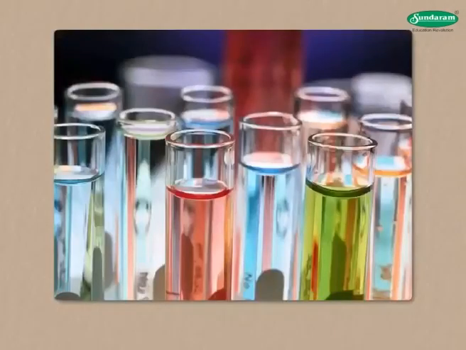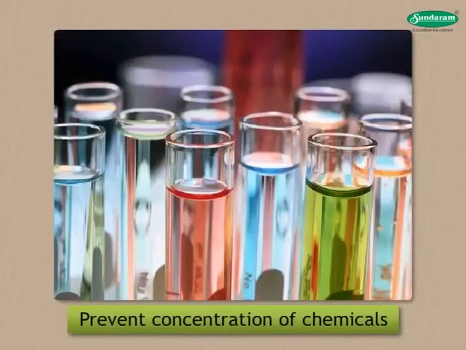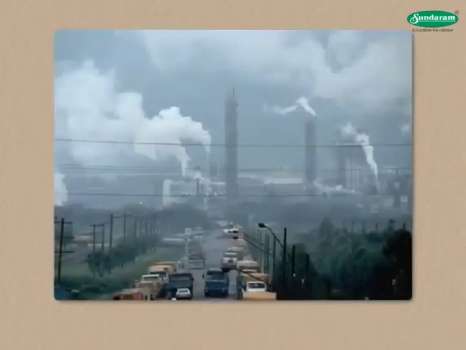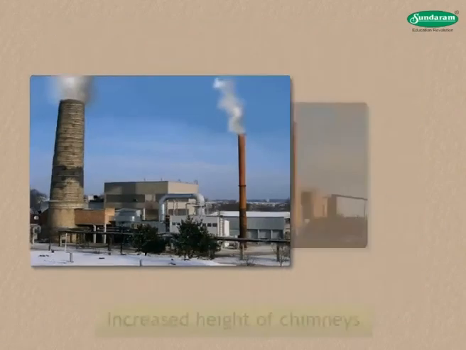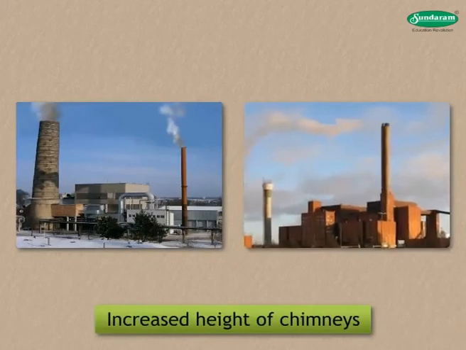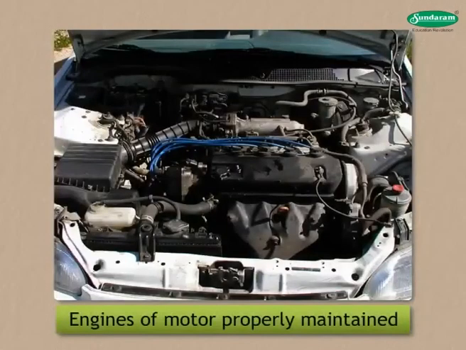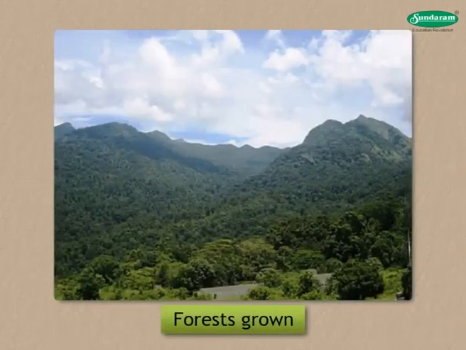Precautions should be taken to prevent the concentration of chemicals in any one place. 4. To prevent the harm caused by air pollution, industrial estates should be established away from cities and the height of the chimneys should also be increased. 5. Engines of motor vehicles should be serviced and maintained properly. 6. Forests should be grown.